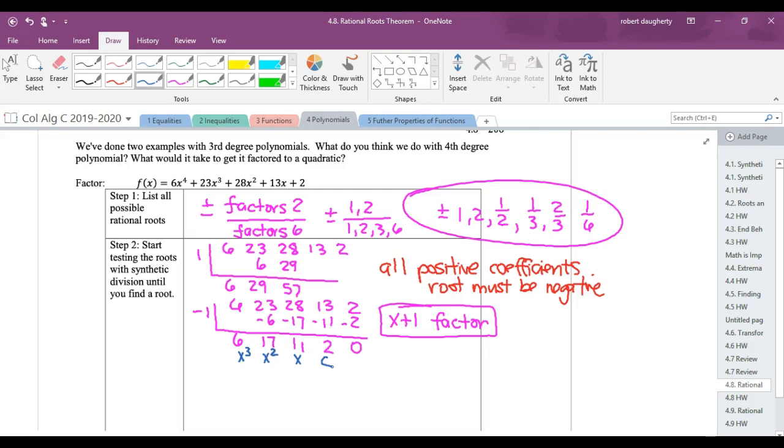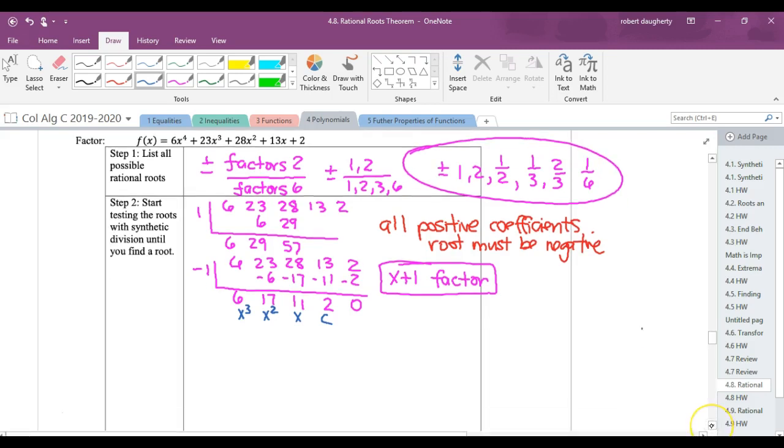Should I try -1 again? Yeah, it worked. It is possible that it works again. I don't know that. I haven't ruled it out. So once you rule a factor out, it is history. It is dead to you, okay? But because -1 worked, it might work again, okay? So I have to try that to see, okay? So let's try -1 again.